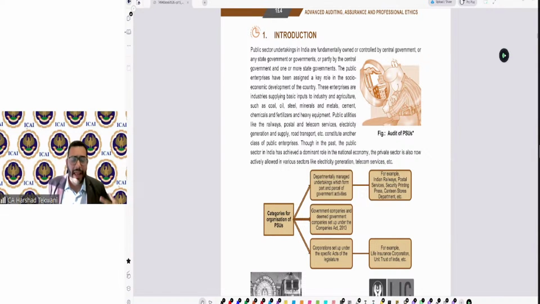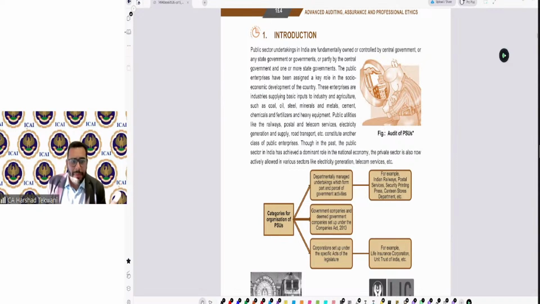I'll explain who those stakeholders are in a while. But there are multiple stakeholders doing the job of a watchdog over the financial matters, operational matters, or even the functioning of those undertakings.